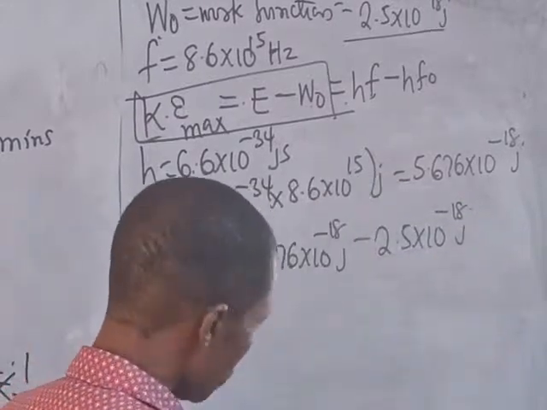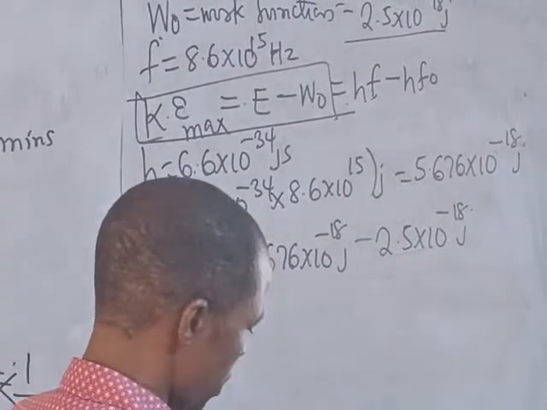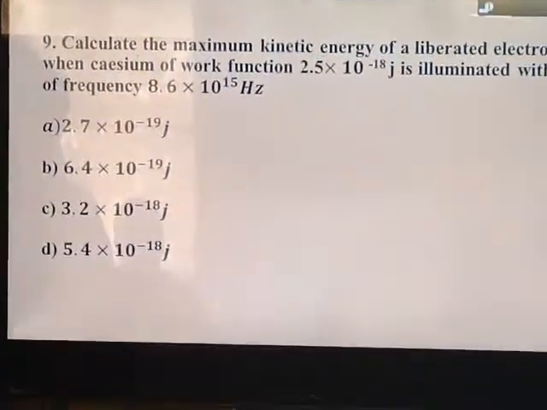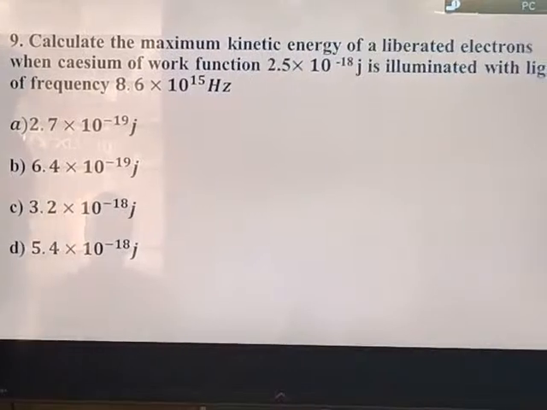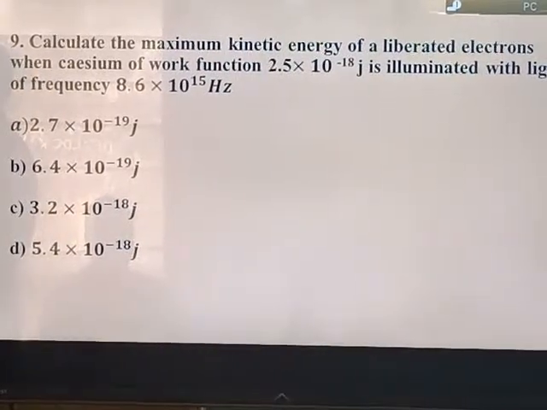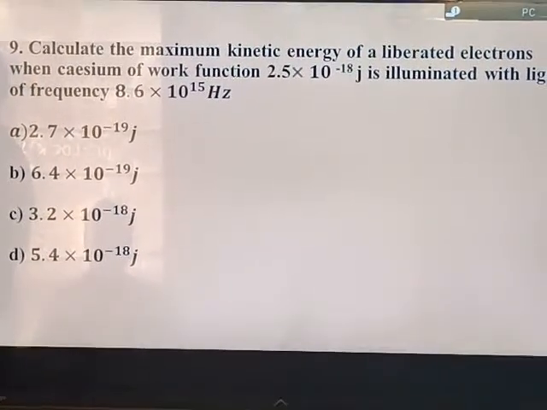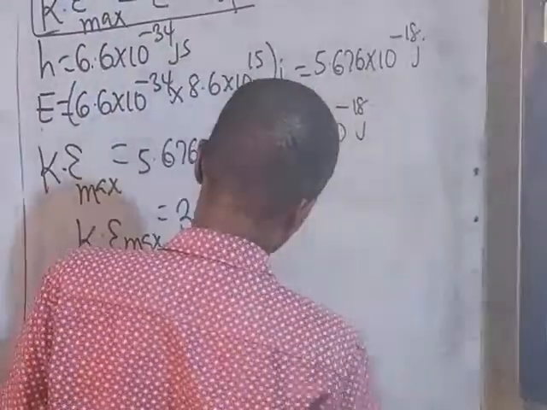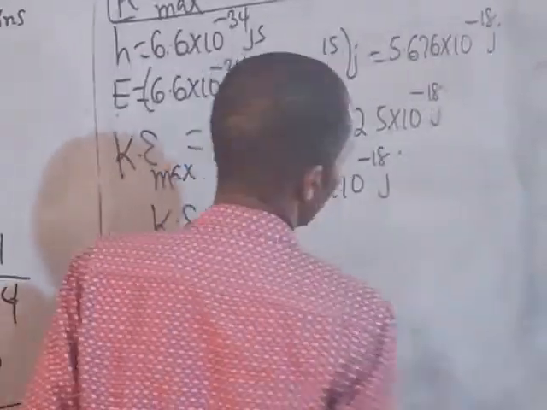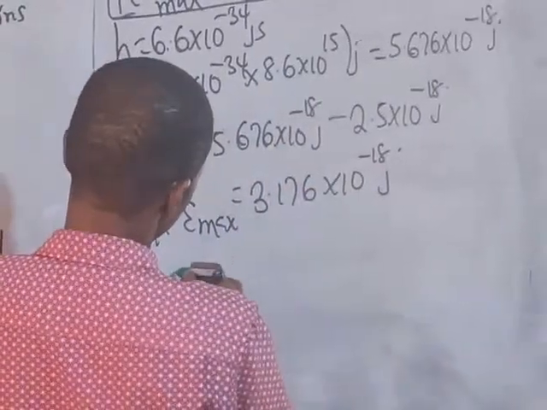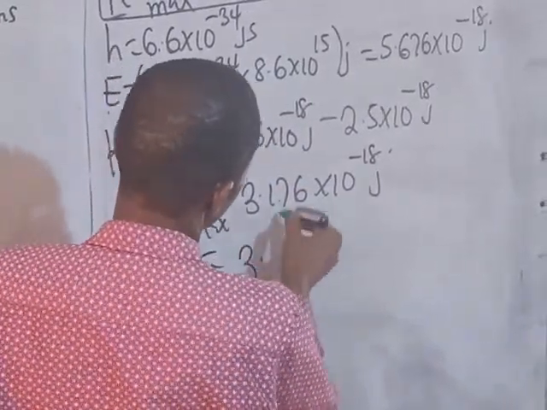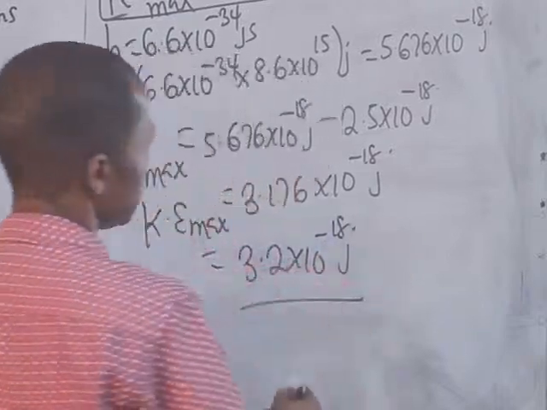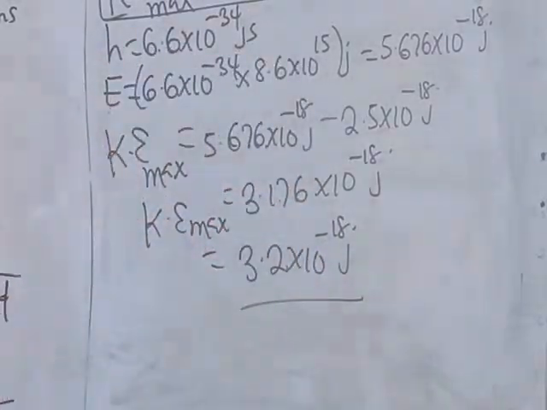So let's subtract. Then our maximum kinetic energy now is 3.176 times 10 to the power minus 18 joule. To two decimal places, that's 3.2 times 10 to the power minus 18 joule. Which option is that? Option C. So it's as simple as that.